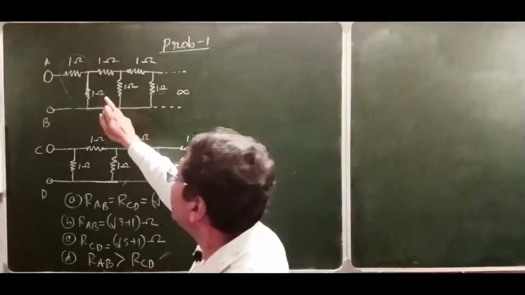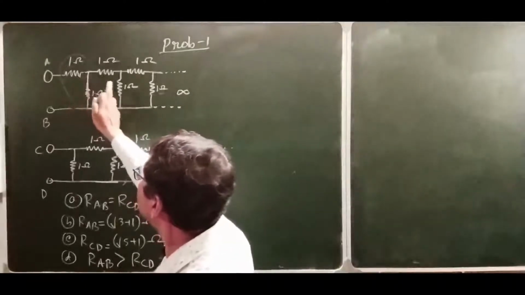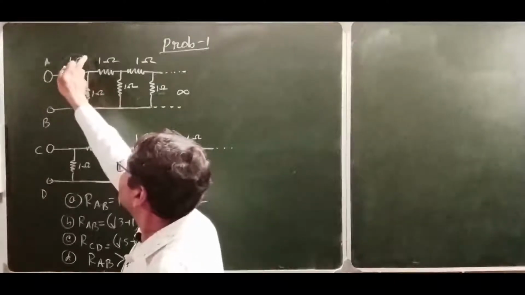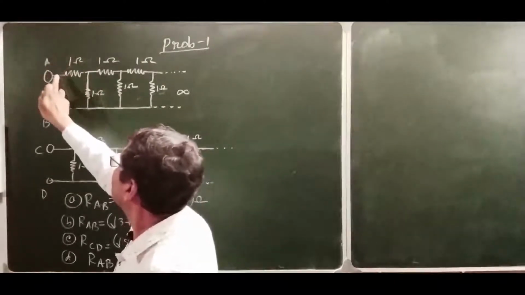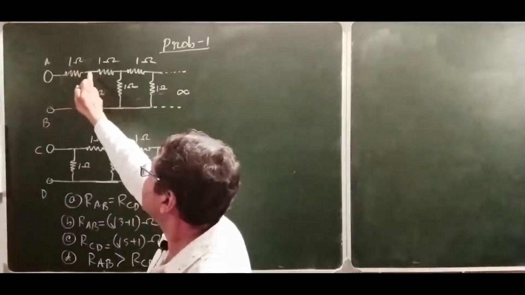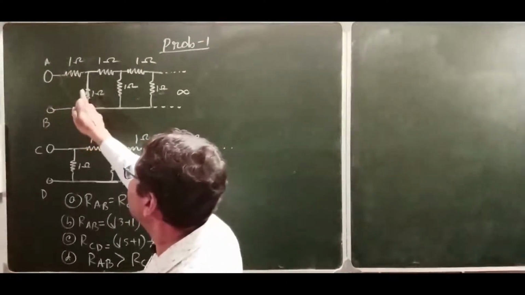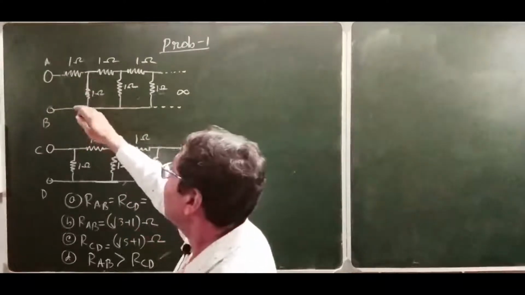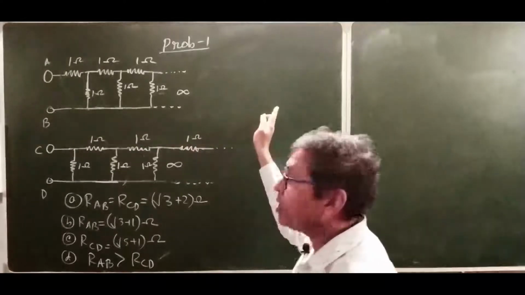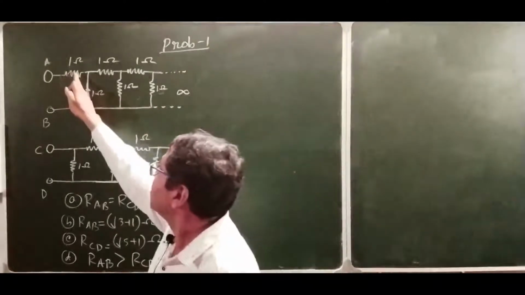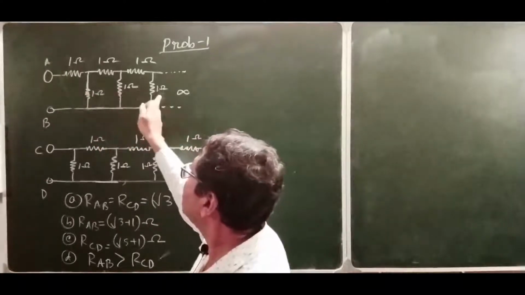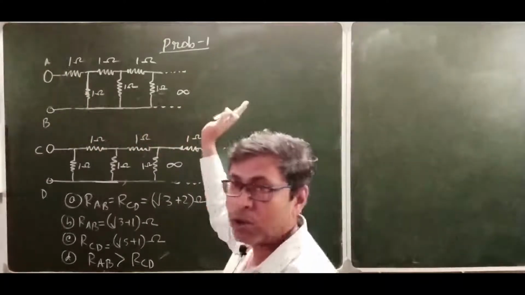Now if we take a close look at this first circuit, these two resistances, this 1 ohm and this 1 ohm, make identical appearances up to infinity. This part is identical to this part, is identical to this part, and this goes on up to infinity.